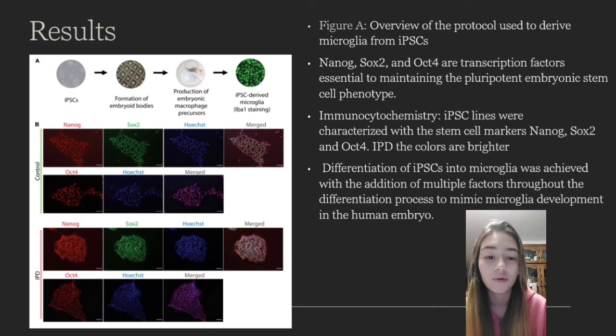They use immunocytochemistry to characterize iPSC lines with the stem cell markers that I already mentioned, and we can see that in IPD the colors are brighter, so they achieve this embryonic stem cell phenotype. And also the differentiation of iPSCs into microglia was achieved with the addition of multiple factors through the differentiation process to mimic microglia development in the human embryo, and that we can see in figure A.